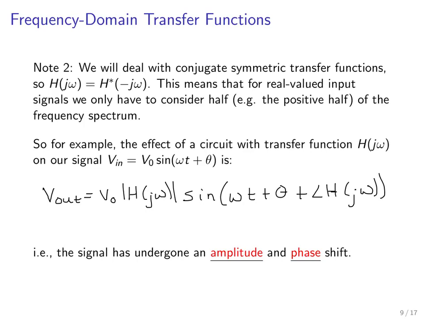Right, so here we have an amplitude change, which is this scalar in front, the magnitude of H of j omega, and our signal has also experienced a phase shift by this amount, angle of H of j omega.